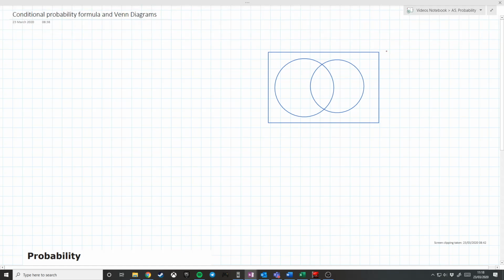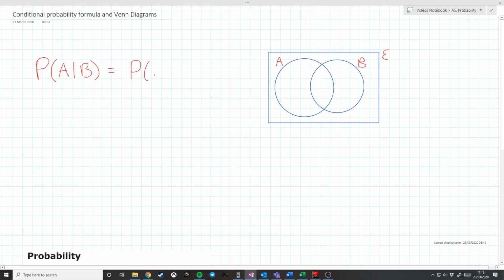So I've got a Venn diagram here, and I've got a box around it, and I've got events A and B, and they've got some overlap here. So if I wanted to work out the probability of A given B, then the formula is this.